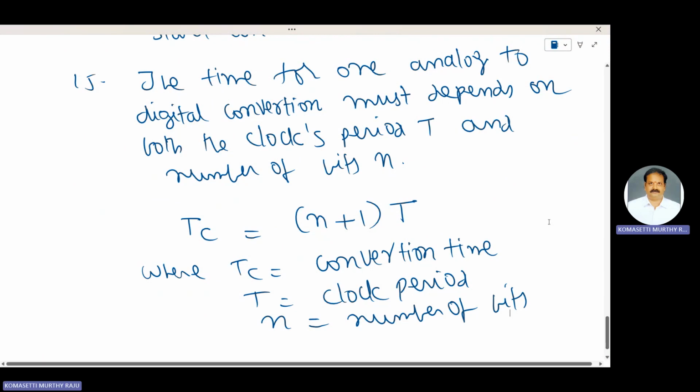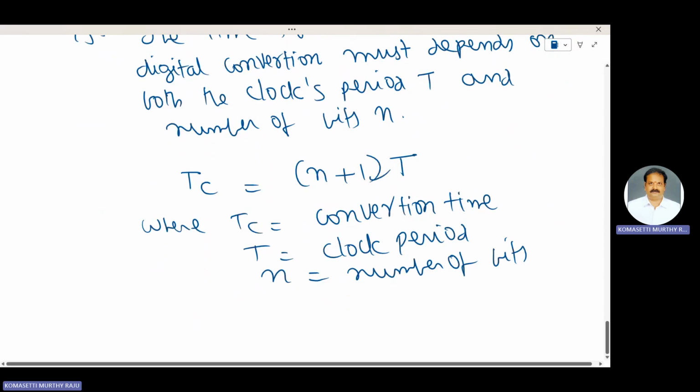One clock pulse is required for the SAR to compare each bit. However, an additional clock pulse is usually required to reset the register prior to performing conversion. That means here we use plus 1.